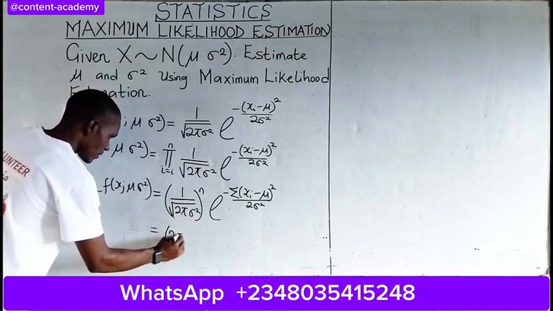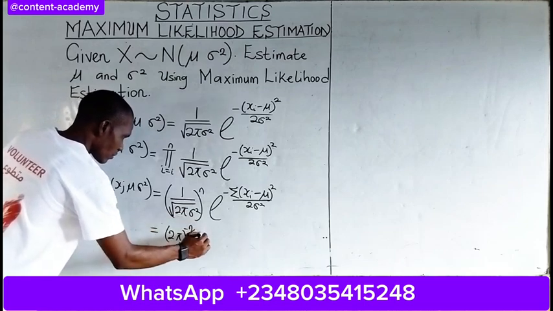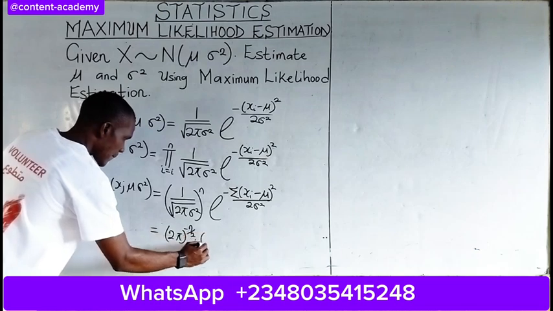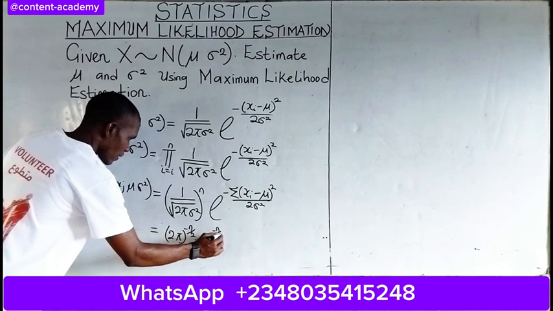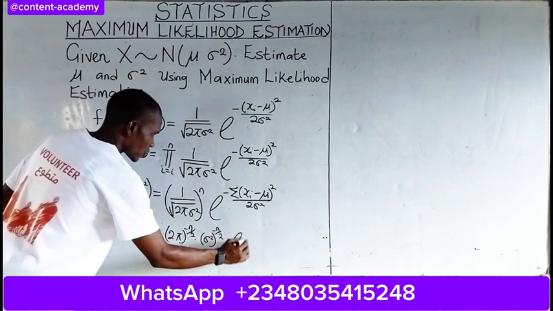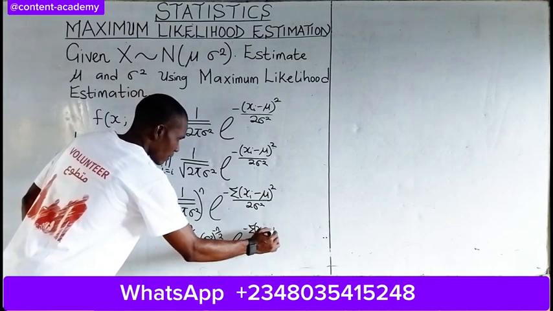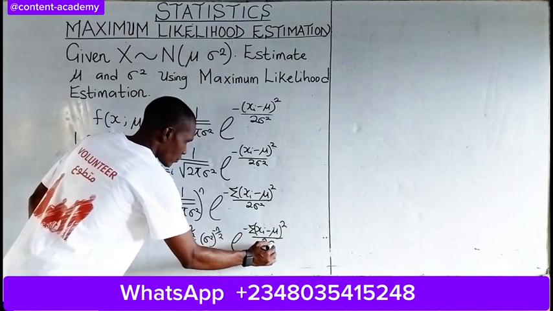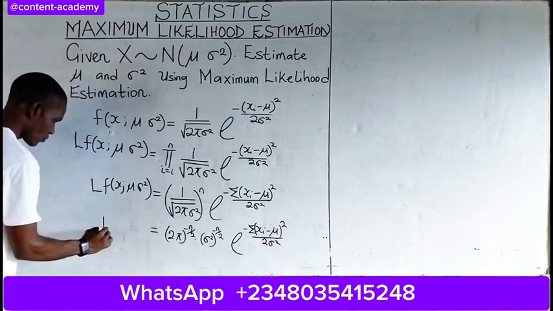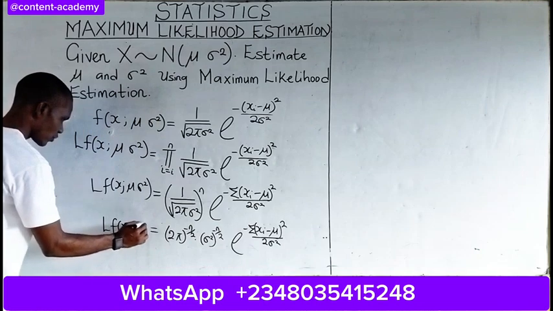We can split this to give us 2 pi sigma squared raised to the power negative n all over 2, exponential negative summation of (xi minus mu) raised to the power of 2 all over 2 sigma squared. So this is still our likelihood function.